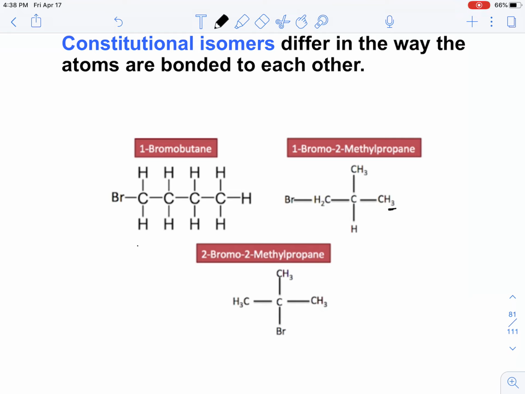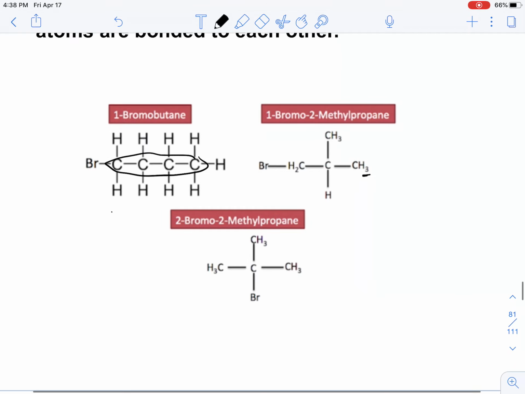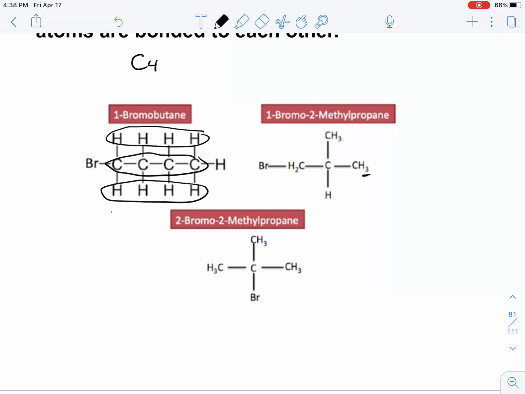Here I have 4 carbons. Here I have 4 hydrogens plus 4 hydrogens, that's 8, plus 1, that's 9. And last but not least, I have 1 bromine. So for 1-bromobutane, that is going to be the chemical formula.